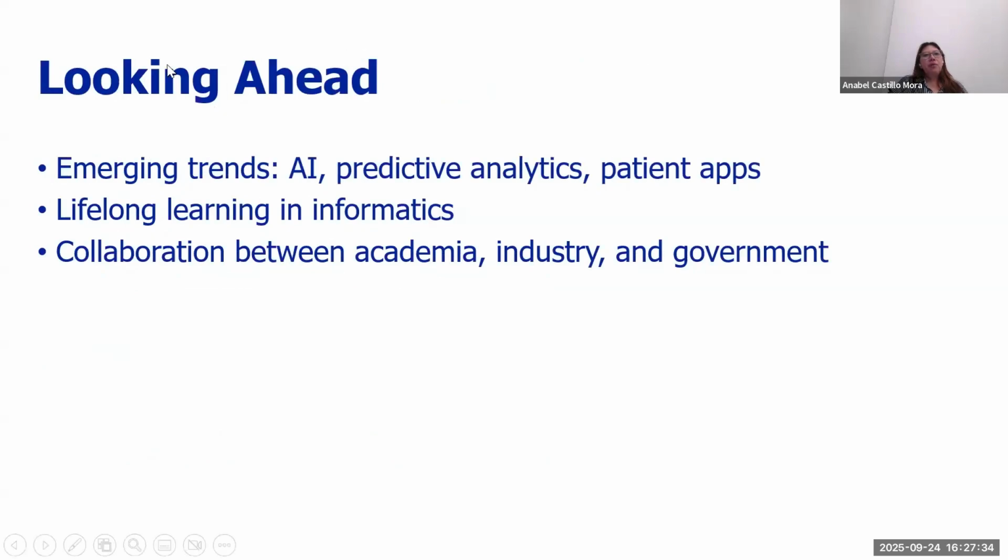So for what I see looking forward, AI is going to be something that is very much talked about in a global setting. Here in the UAE, the government is supporting ways to apply AI in healthcare.